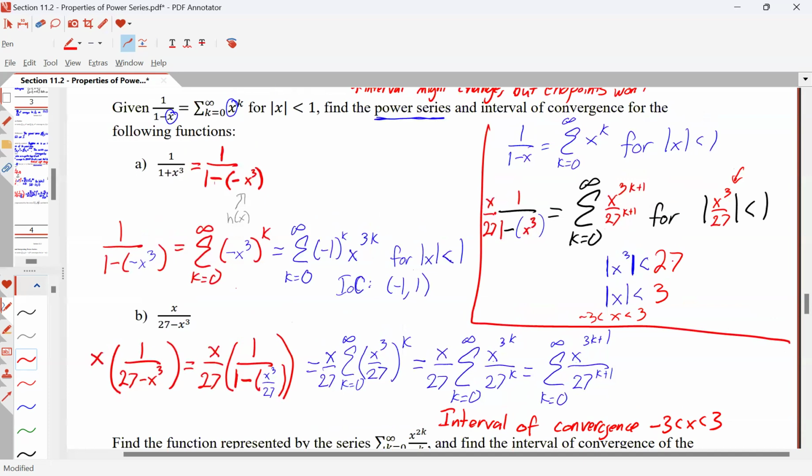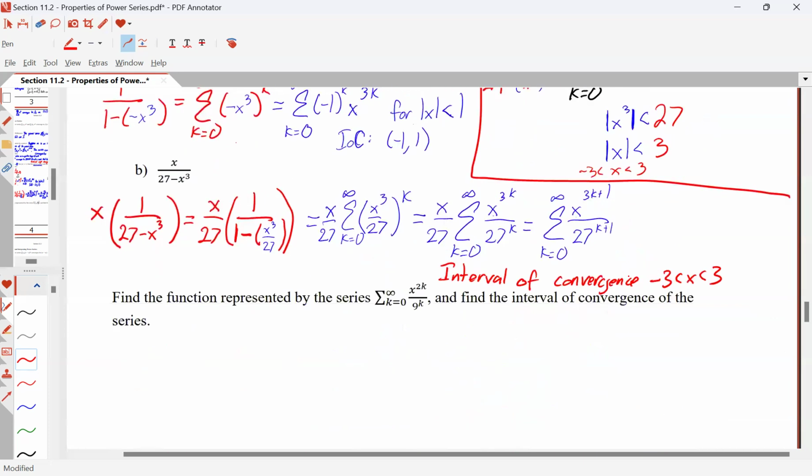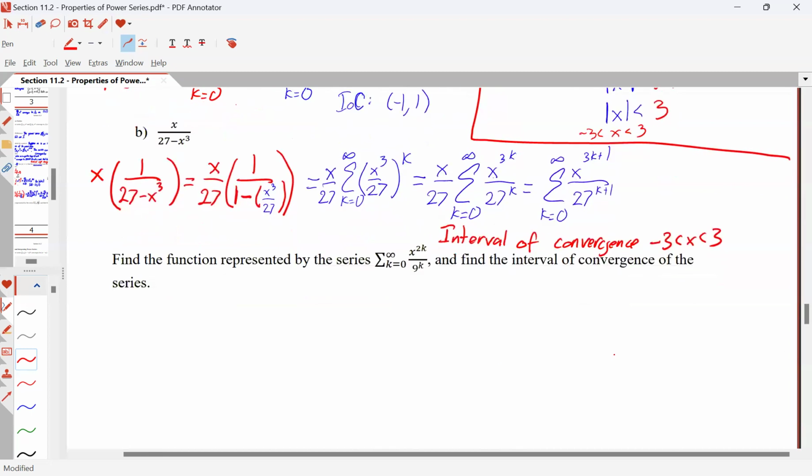And one last example for this is, suppose we want to go the other way. Find the function represented by the series k equals 0 to infinity, x to the 2k over 9 to the k, and find the interval of convergence. There's not a lot we can use here.